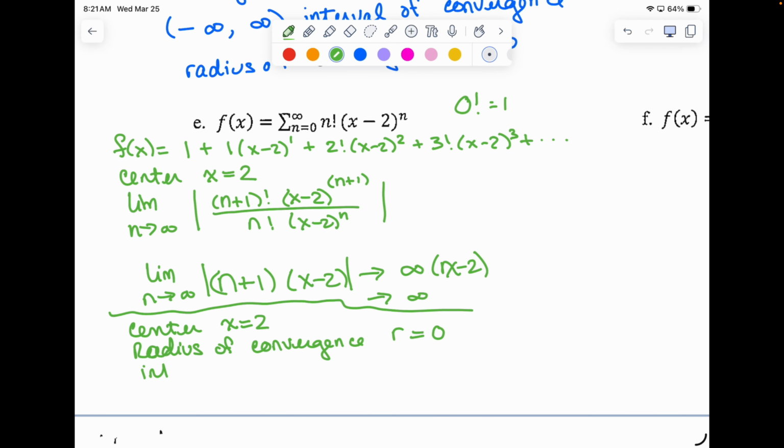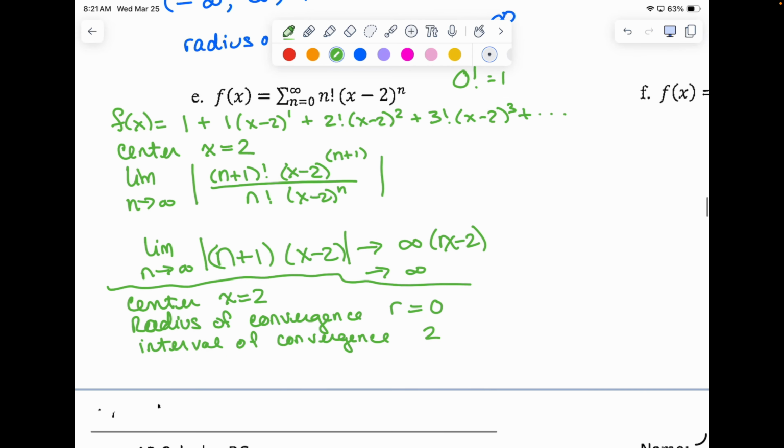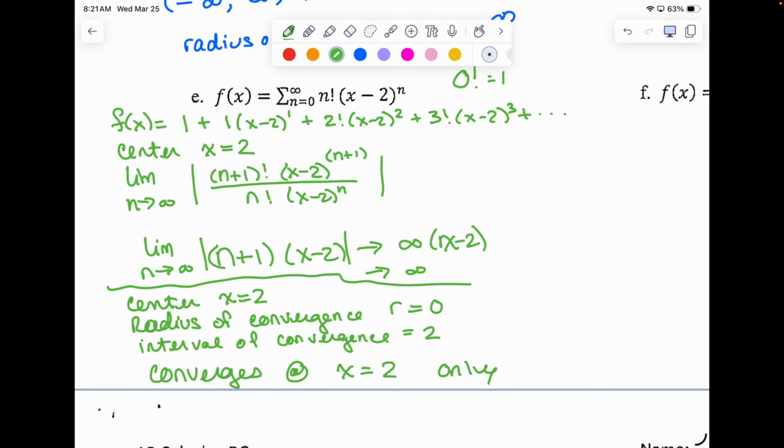The interval of convergence is a single number, just 2. And it converges at x equals 2 only.